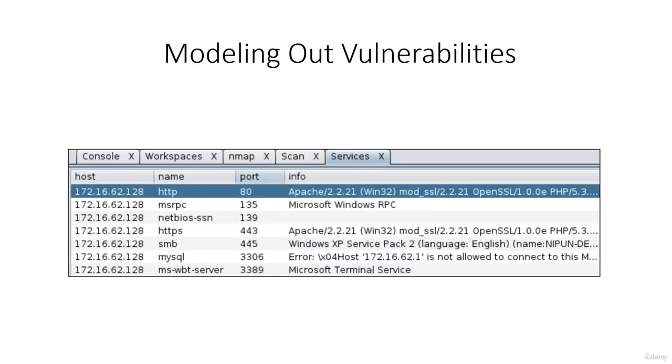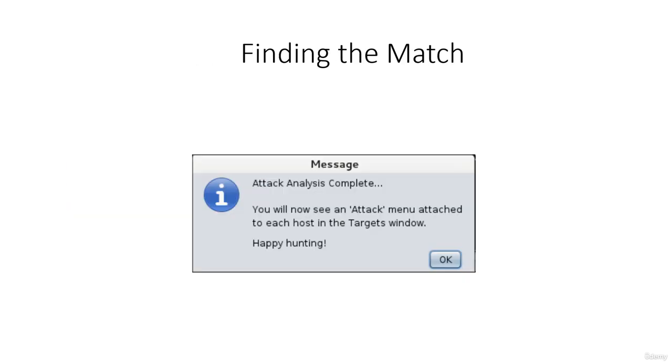As you can see, lots of services are running. After Armitage completes the matching of all services against the exploit database, it will generate a pop-up, as you can see here.